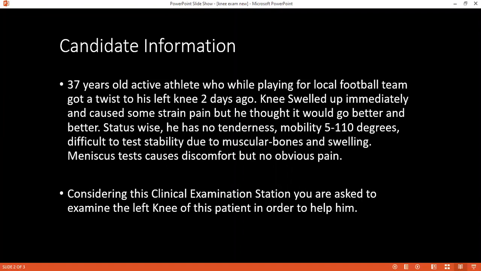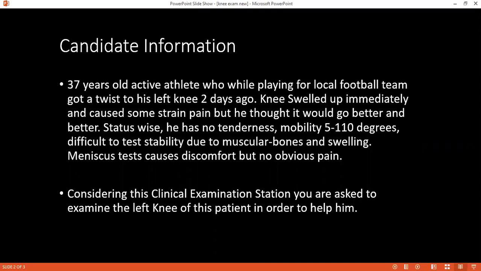Okay, I've examined a 37-year-old man who has an antalgic gait on the left lower limb, with swelling of the limb and tenderness around the joint line. The anterior drawer test, the posterior drawer and the Lachman test were all positive.